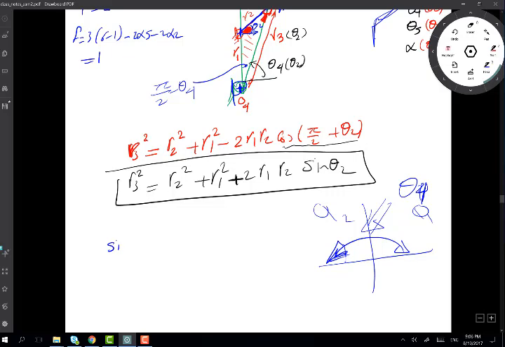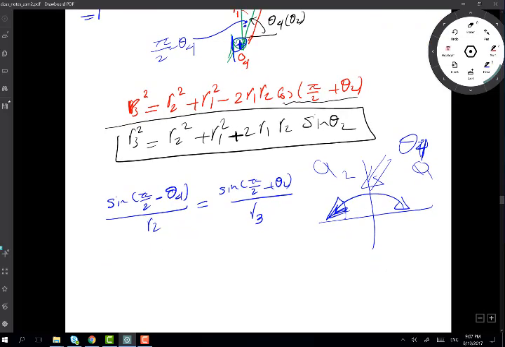So sine of pi over 2 minus theta 4, this angle here, divided by R2, will be equal to sine of pi over 2 plus theta 2, divided by the corresponding or opposite side, which is R3. All right, that's okay, that's a variable.